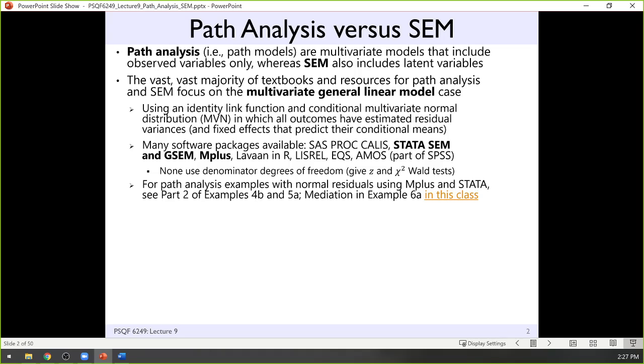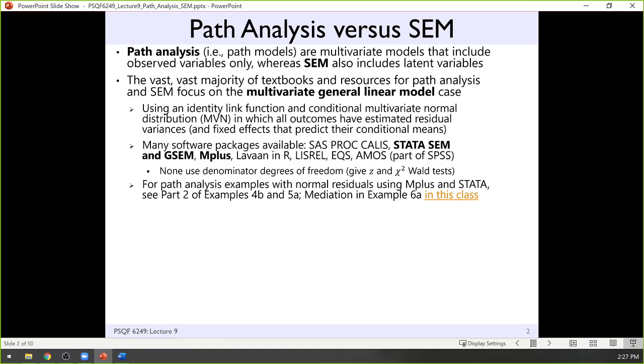That is still the case in some packages. For instance, SAS has a routine called CALIS, which does not have any link functions. So if you're going to use SAS CALIS, everything has to be normal. Stata has an SEM package that is separate from its GSEM package. The latter has options for not normal. Mplus has a bunch of options for not normal. Lavaan, I think the only kind of not normal you can have is categorical, binary or ordinal.